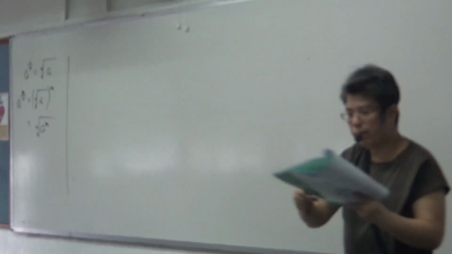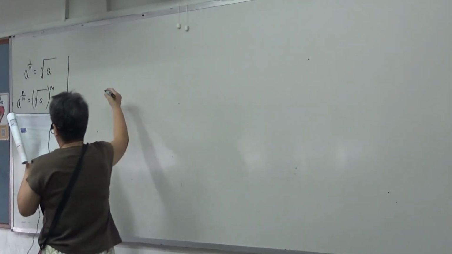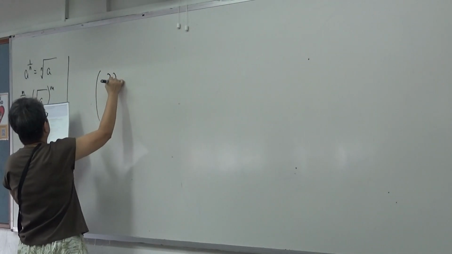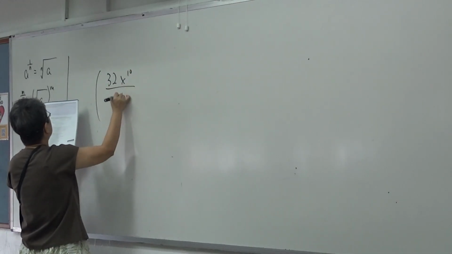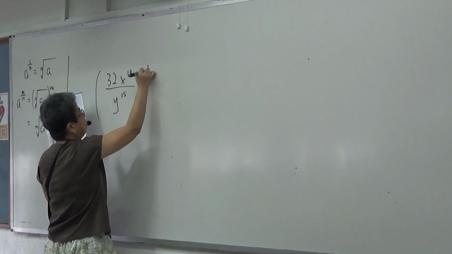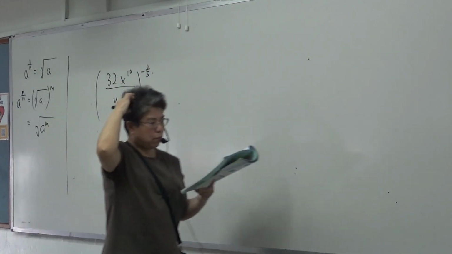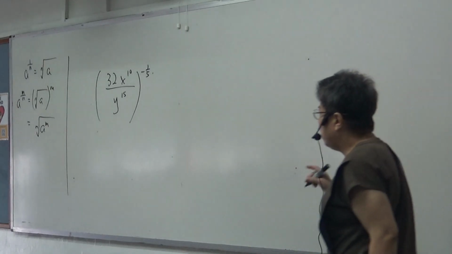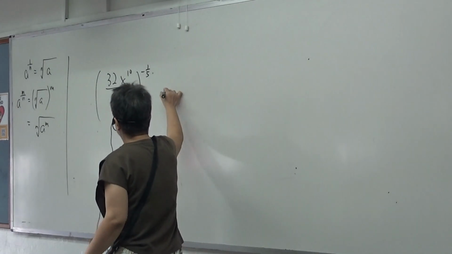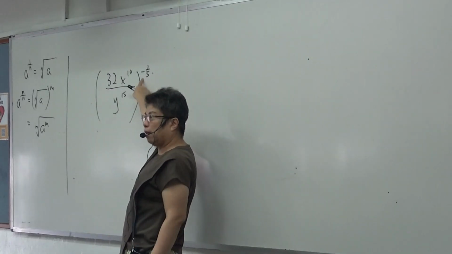Okay, now last one. Part C. 32x10 over y 15 to the power of negative 1/5. Now, I told you before, right? Whenever we see this, we want to change this to what? Positive.